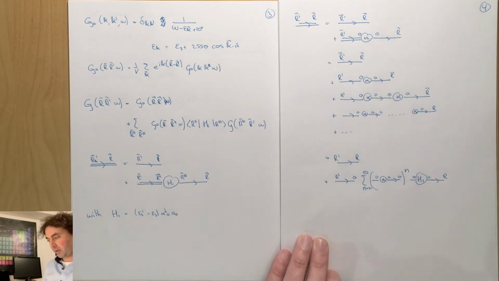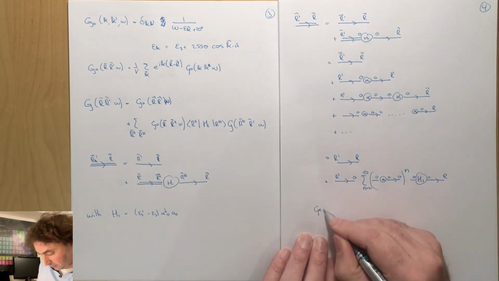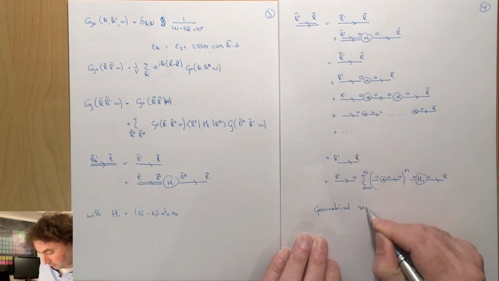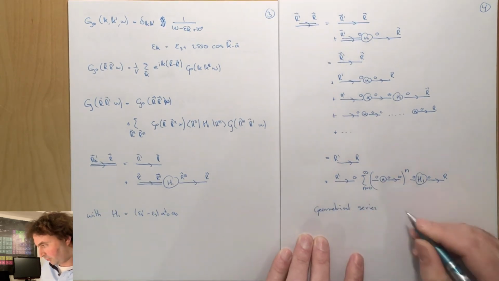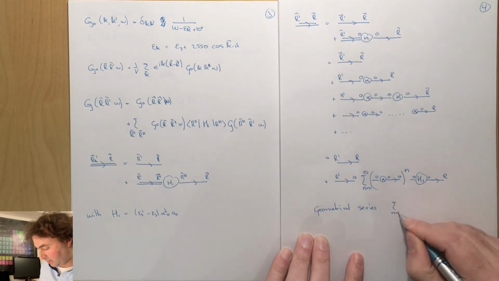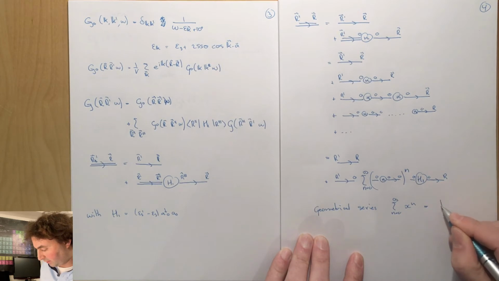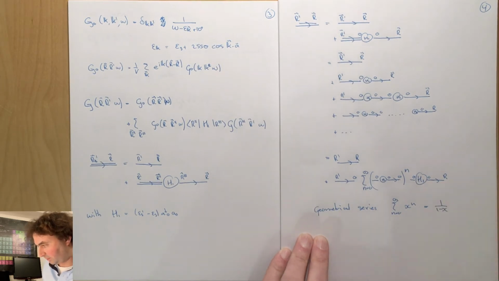This is a geometrical series. The sum n is 0 to infinity, x to the power n is 1 over 1 minus x.